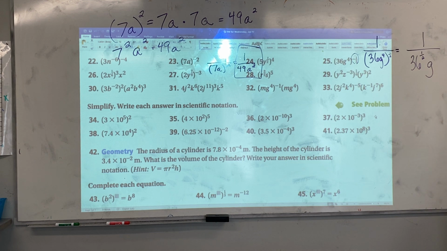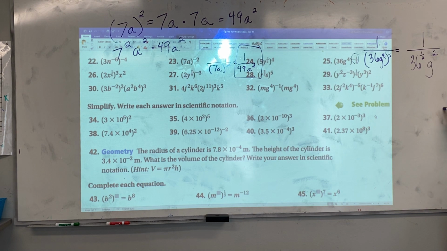All right. So guys, what do we get when we have g to the 4th to the 1/2 power? What do we do with our exponents? Multiply them. 4 times 1/2, I can put my 4 over 1 here, times 1/2 is what? 4 over 2, which is 2.